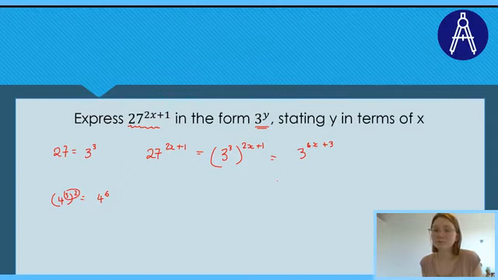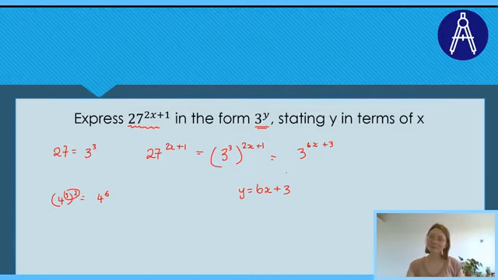So 27 to the power of 2x plus 1 is the same as 3 to the power of 6x plus 3, so y equals 6x plus 3. Again, this is an A-level question. I think it's perfectly doable for a GCSE student. It just shows that you have a really good command of index laws.